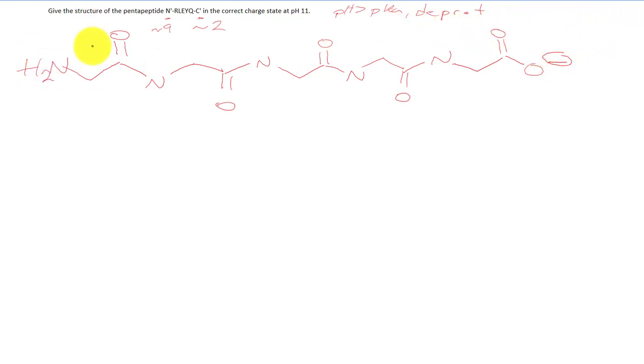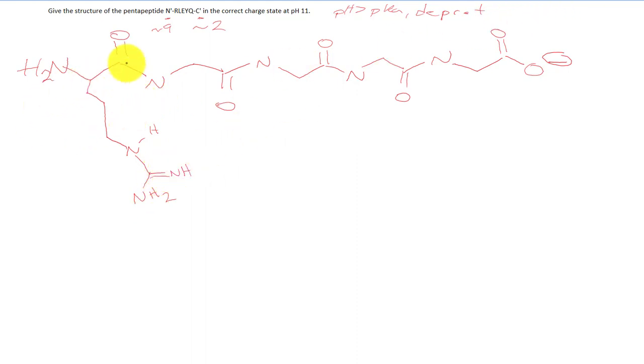Now I'm going to start putting on my side chains. So my first one is R, which stands for arginine. Arginine has 3 carbons in its backbone. And then it has this thing called a guanidino group. In its deprotonated form, it looks like this.